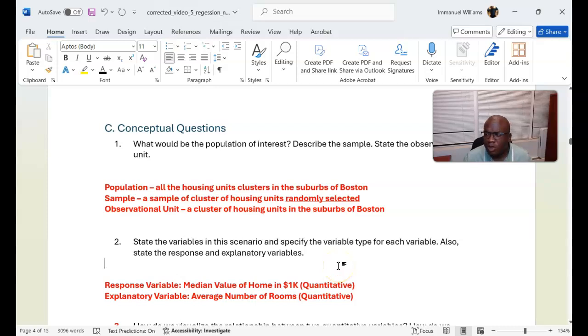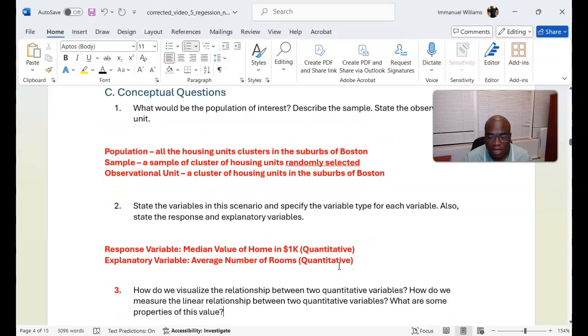So these questions are going to get progressively harder, so you've got to pay attention. How do we visualize the relationship between two quantitative variables? I already mentioned it: a scatter plot. How do we measure the relationship between two quantitative variables? That is where correlation comes in. The Pearson correlation coefficient, that's the long name. The correlation, the short name, is measuring the linear relationship between two quantitative variables.